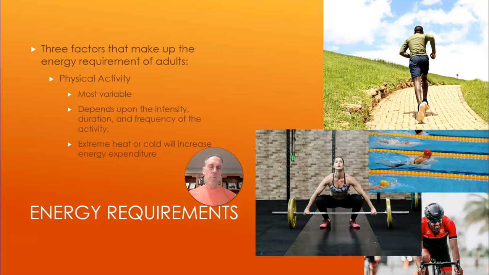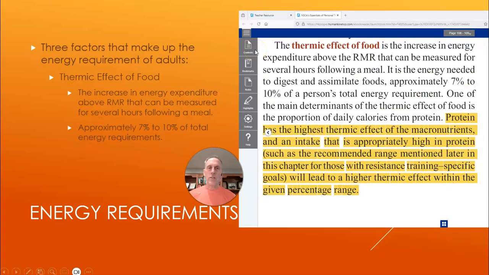But when we get into weightlifting, swimming, biking, and running, that intensity is going to determine how many calories we actually need to sustain that activity and sustain our body. If we're working out in extreme heat or cold, that will increase the energy expenditure. So there are a couple of different things that play into this and make it pretty variable in terms of how many calories we actually need.